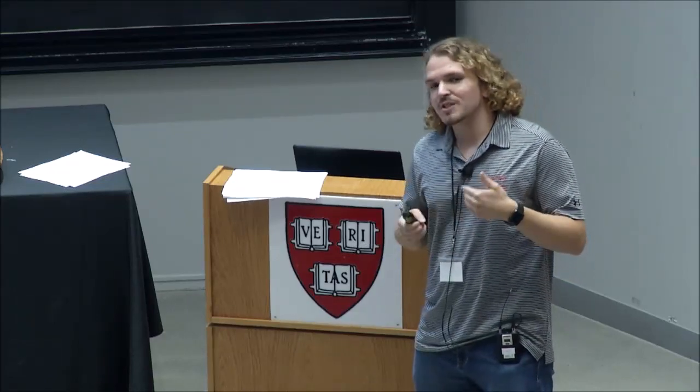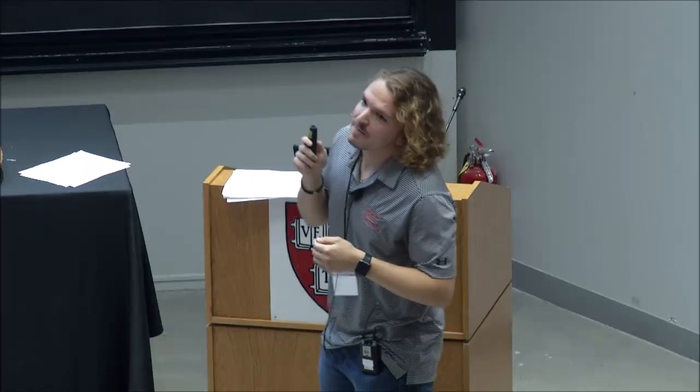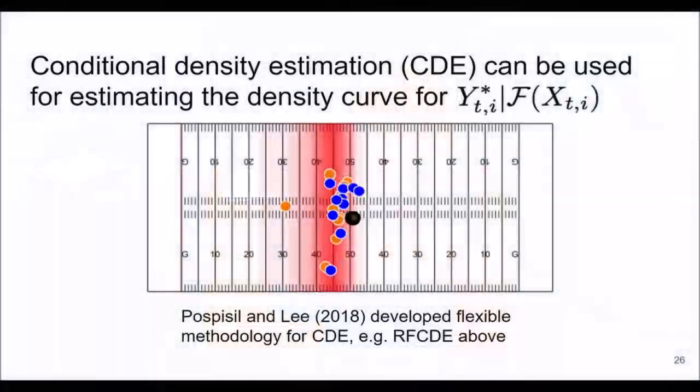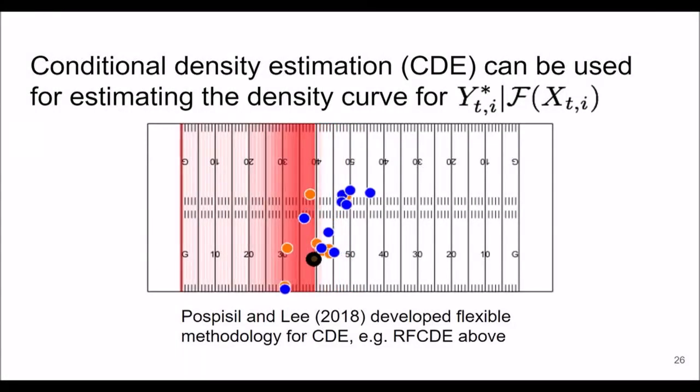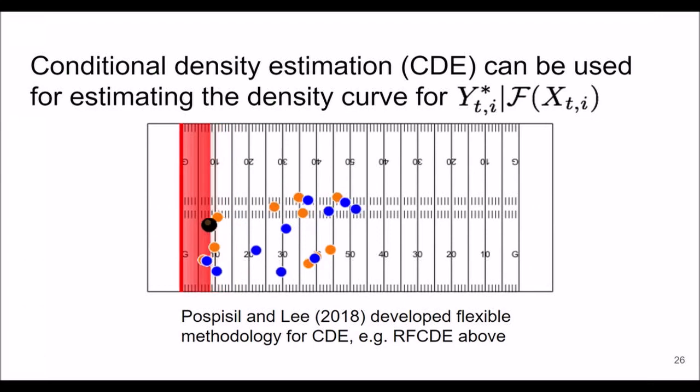I'd rather do something flexible and non-parametric. Fortunately, I am surrounded by smart people, one of whom is my co-author Taylor Puspissel, whose dissertation was on conditional density estimation. He implemented random forest conditional density estimation. That's what this animation is showing you here.